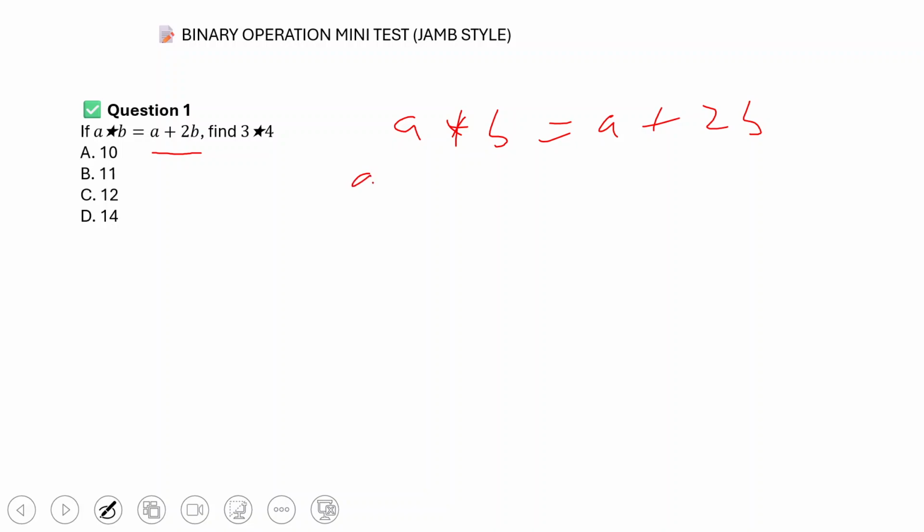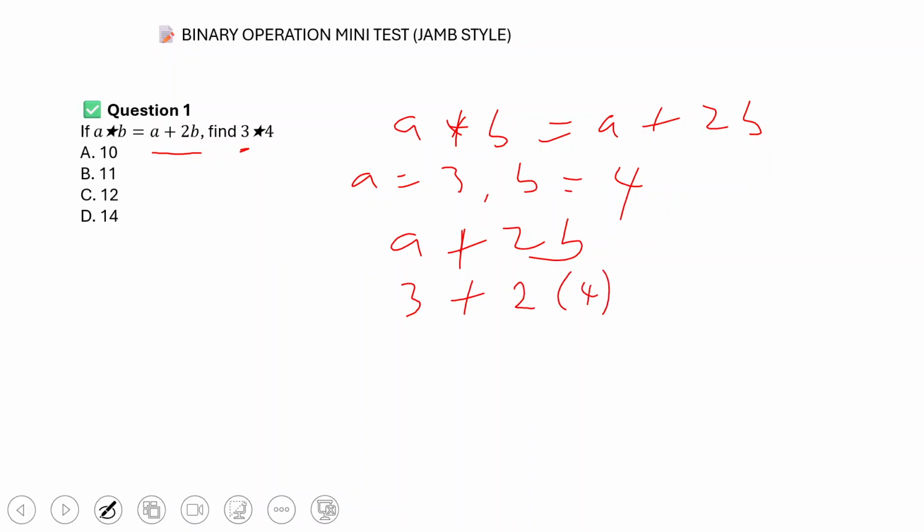Now here A is equal to 3, and B is equal to 4, by inspection. So we'll now put this in the formula. Instead of A plus 2B, I put A as 3 plus 2 times B as 4, right? So 2 times 4 is 8, and plus 3. So 3 plus 8 is equal to 11. So B is the answer for this first question.